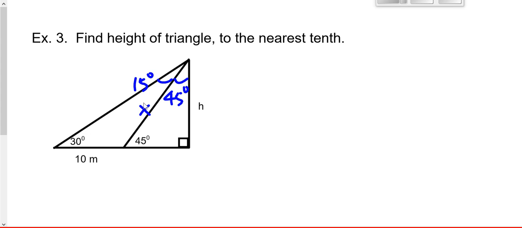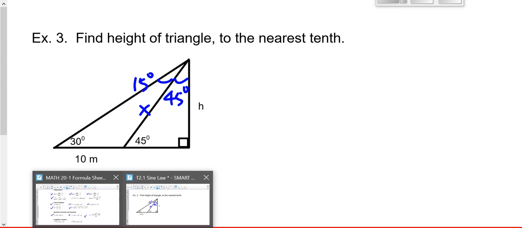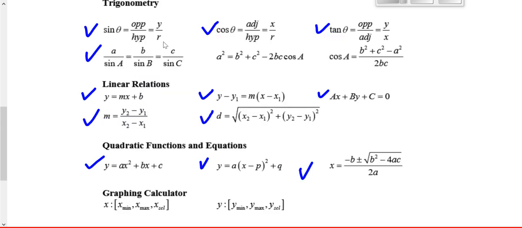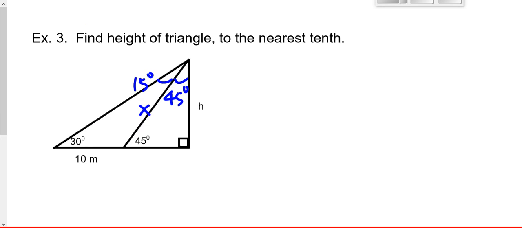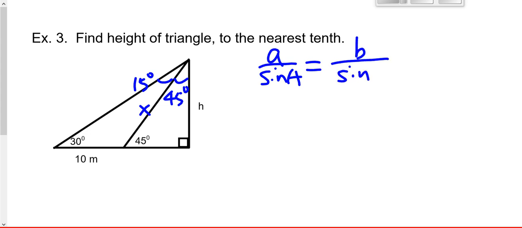Now if you look at this, we are trying to find the length of a side. By looking at the sine law, we want to keep it this way: the length of the side on the top and the angle on the bottom. So I'll write down A over sine A equals B over sine B. If you want, you can label whichever side you want, A, B, C, but here I'll just plug the numbers in.